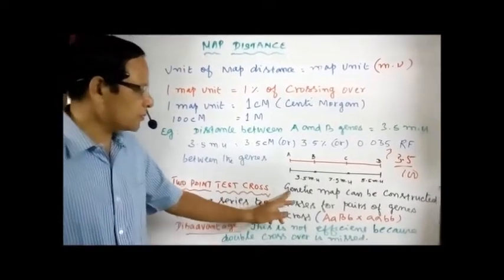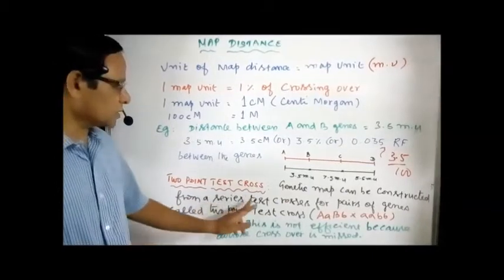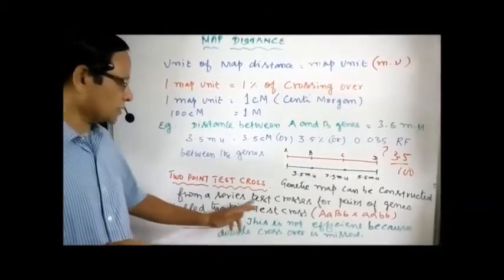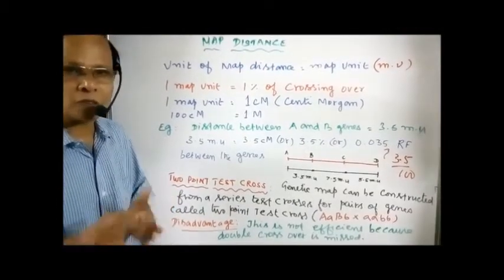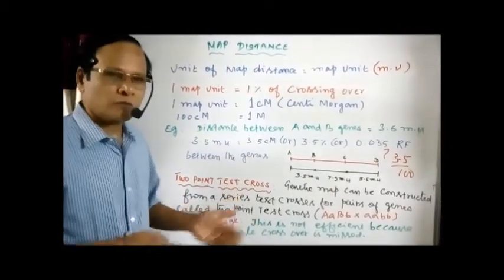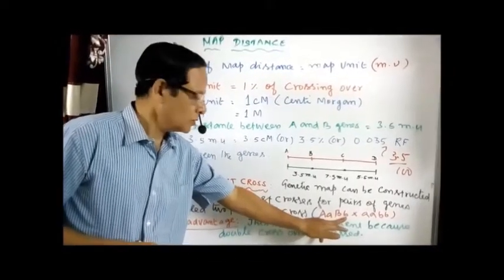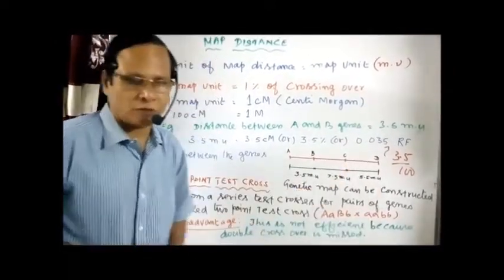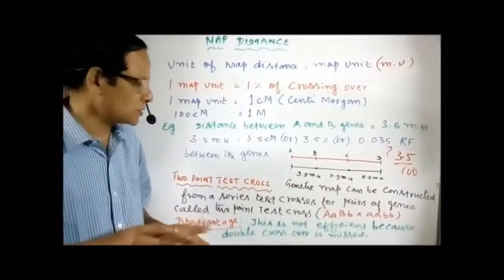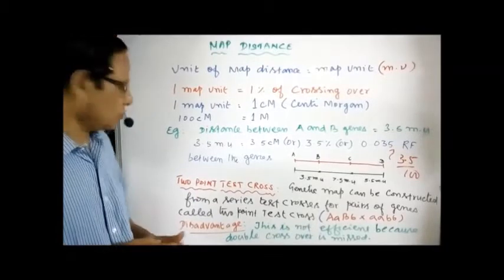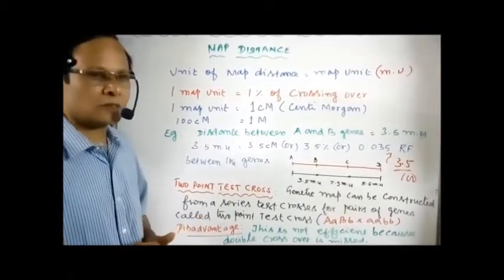So a genetic map can be constructed from a series of test crosses for pairs of genes, and this is called a two-point test cross, in which we cross a double recessive heterozygote with a double recessive homozygote. Now, the two-point test cross is not effective.